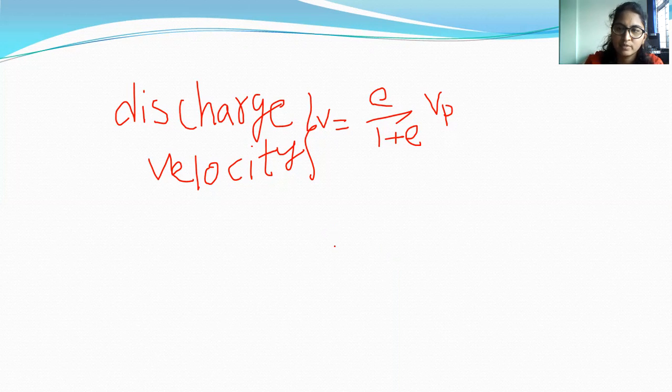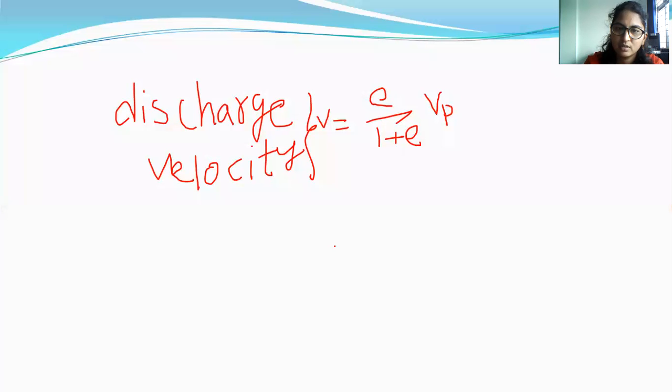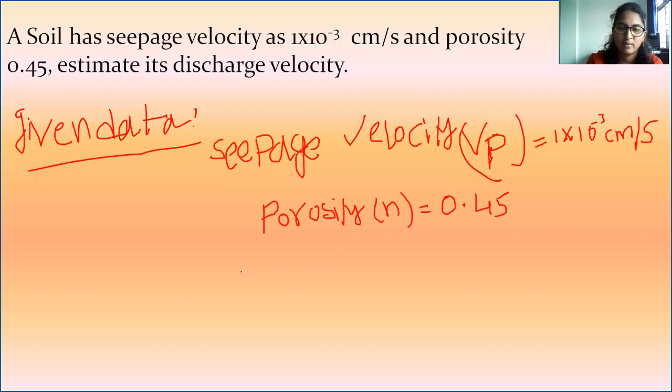suffix p. That means the seepage velocity value is given, but the void ratio value is not given. How to calculate the void ratio e? Do we have any related formula for determining void ratio? Yes, we have.